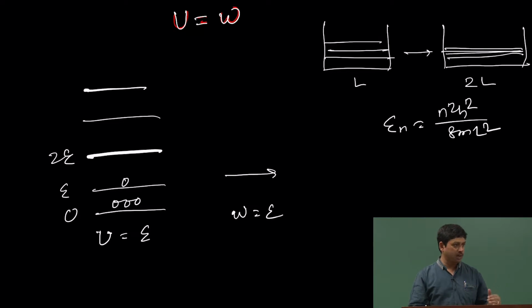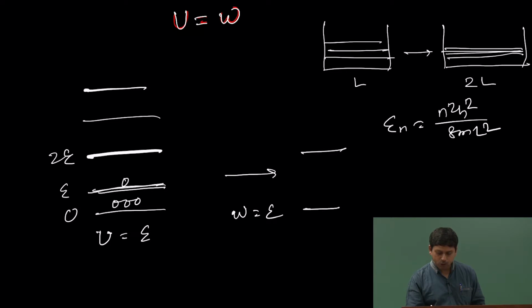A compression work, I told you, is the work in which the internal energy of the system increases, because that is a positive work. Therefore, we are going to look at compression work, when volume decreases or L decreases. What happens in that case? Energy separation increases. So, now when that happens, this epsilon is going to become 2 epsilon.